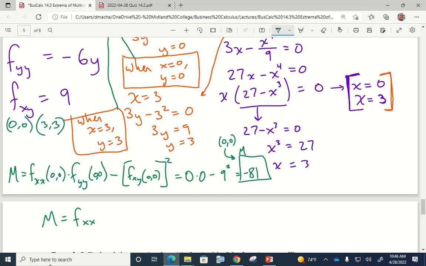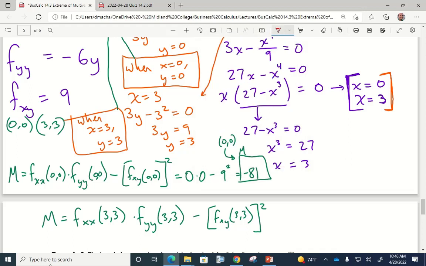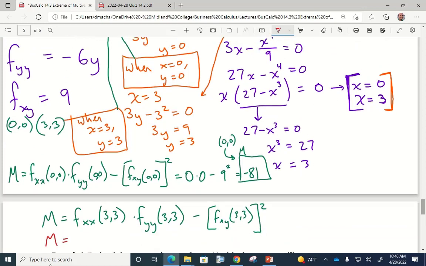So calculating my m value at the critical point 3, 3 is going to look like this. If I look at my second derivative with respect to x, that is negative 6 times x.